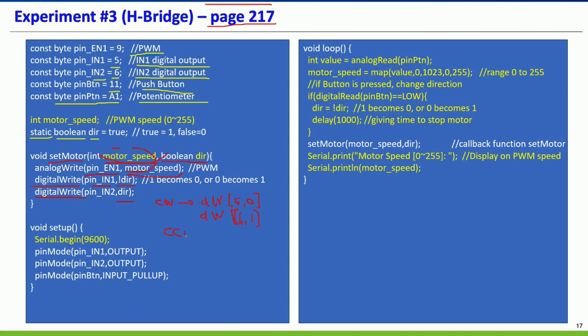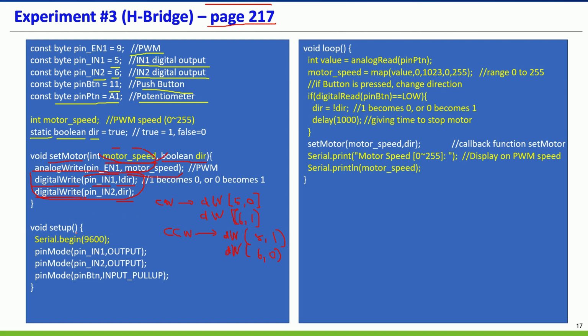For counterclockwise, digitalWrite pin 5 is 1, and digitalWrite pin 6 is 0. Just simple like that. This means the code is simple like this.